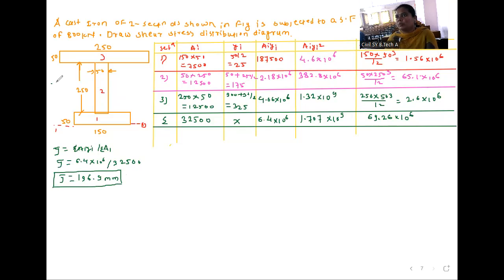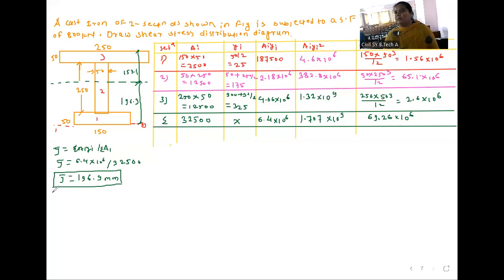So suppose here we will mark from this bottom, this distance is 196.9. So you calculate this top distance and tell me how much. 153.1. Okay.